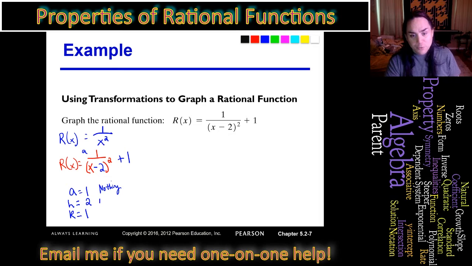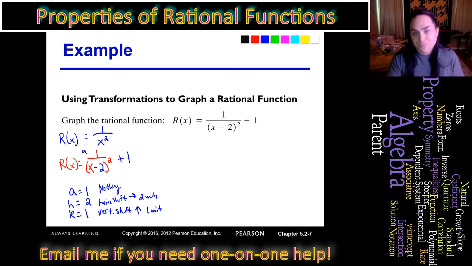Which way? Well, it's positive 2. Positive is to the right, 2 units. k is the vertical shift. It affects y. And since it's positive, up is the positive direction, so it's going to shift up 1 unit.